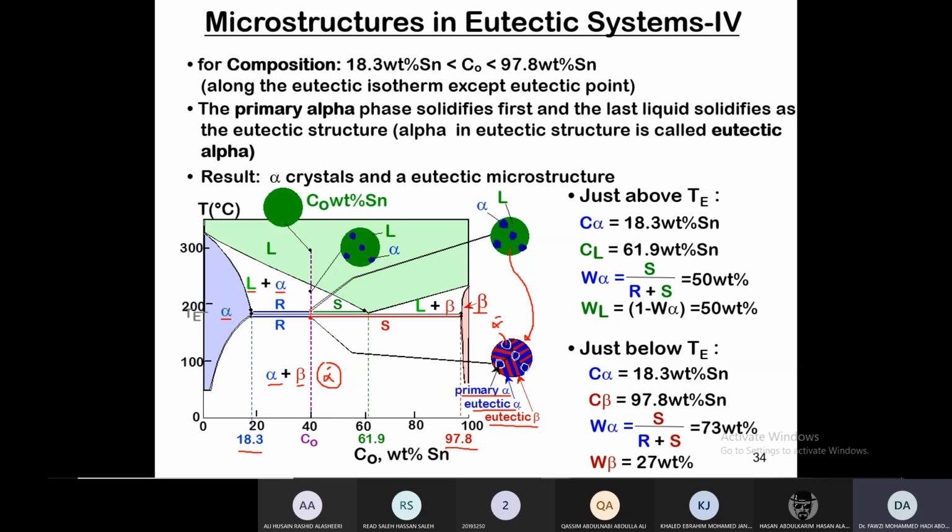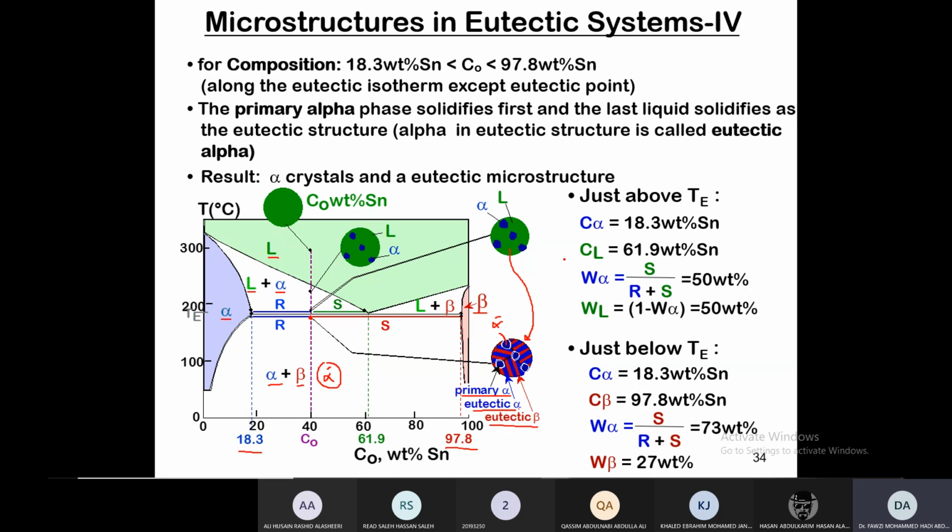From here, how do I know the proportion of the alpha and liquid? Again, I draw a tie line as it is drawn here. The tie line intersects the alpha phase at this point, and it intersects the liquid zone at this point. From there, you can drop a vertical here, and from here you drop a vertical.